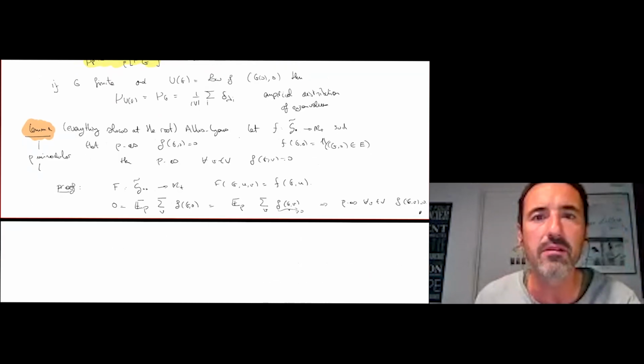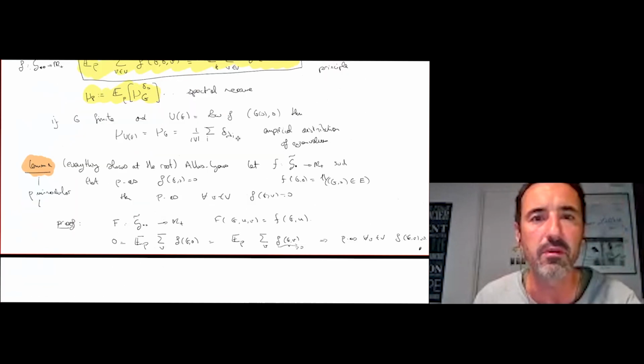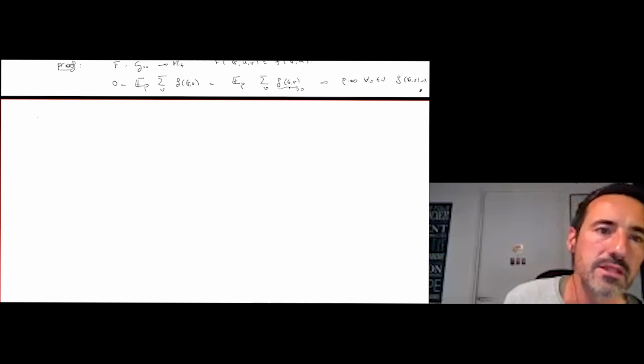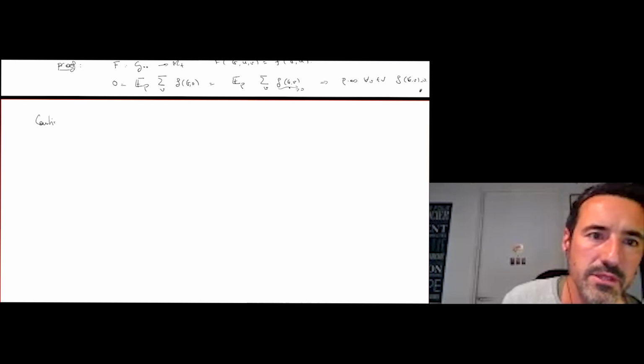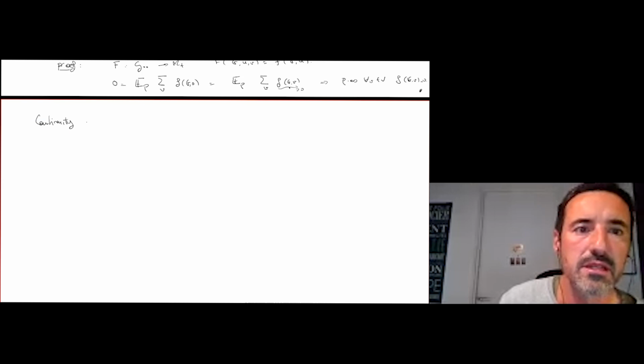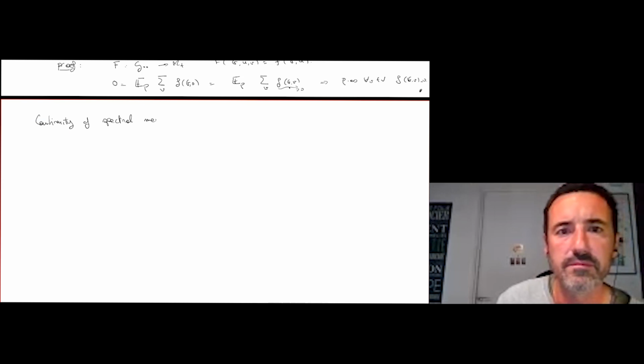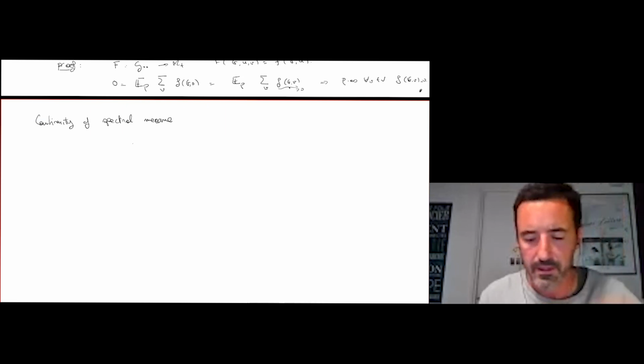Okay, so now that we have put in place this setup of unimodular graphs, we will study the continuity, because we are mostly interested in the spectrum, the continuity of the spectral measure.